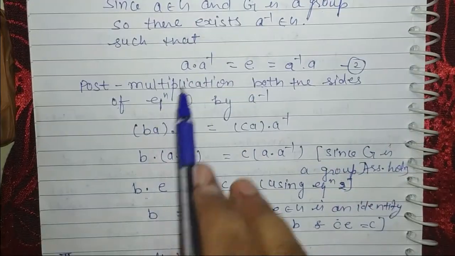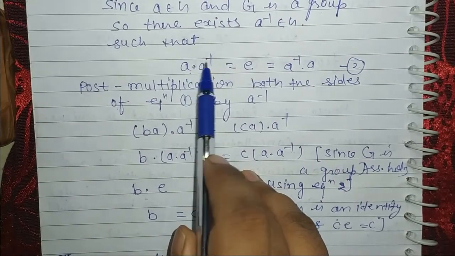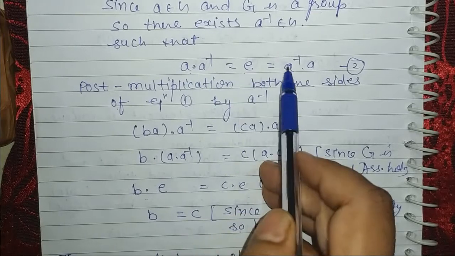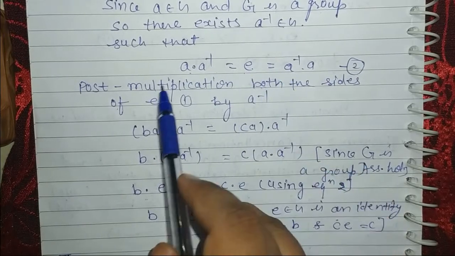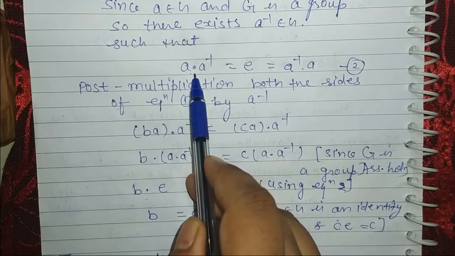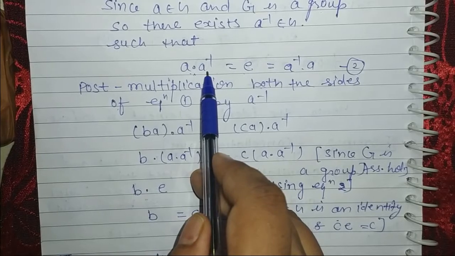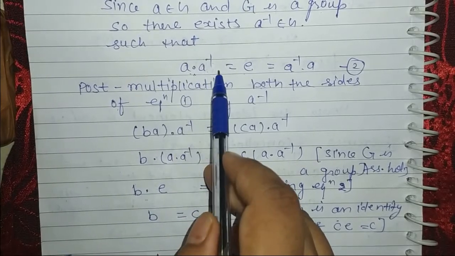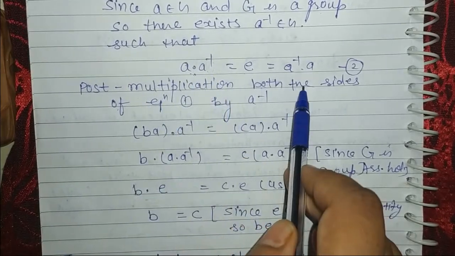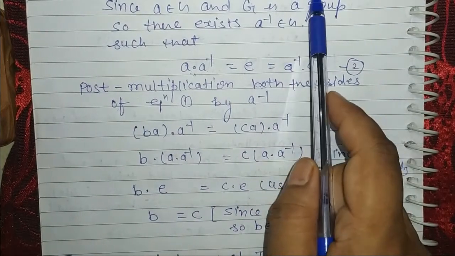So similarly to the previous result, we can write A dot A inverse equal to E and A inverse dot A. In the previous result we did pre-multiplication, but for the right cancellation law we are doing the post multiplication of the inverse element on both sides in equation 1.